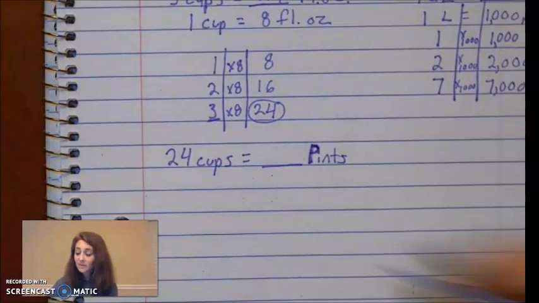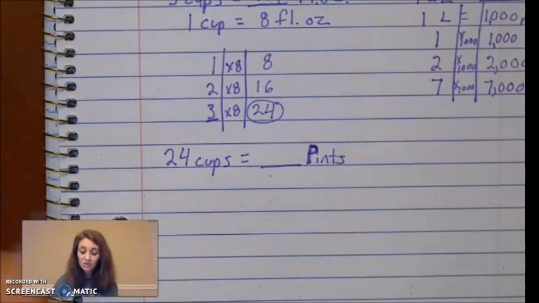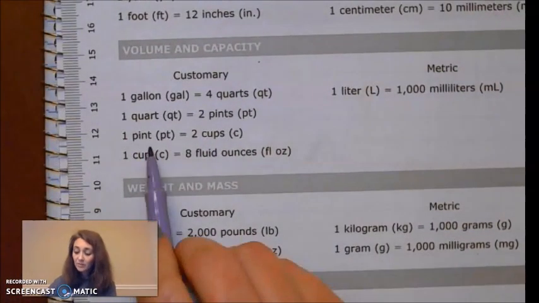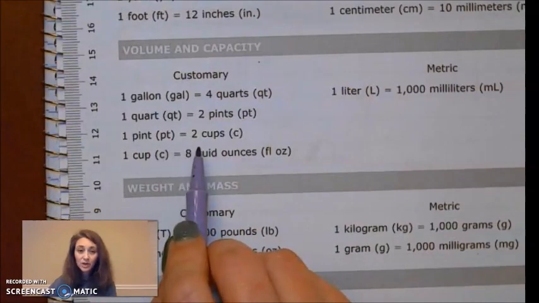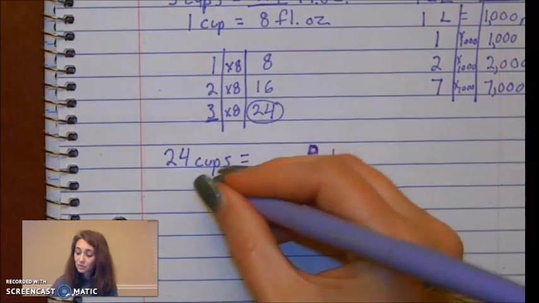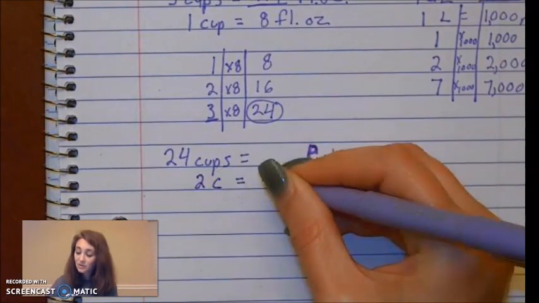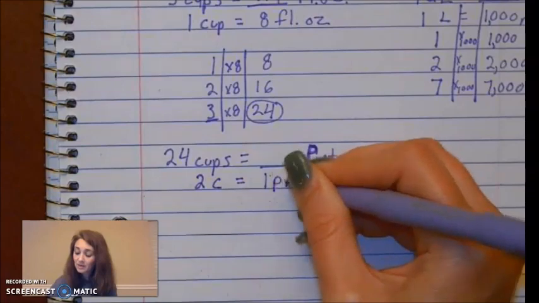All right. I know by looking at my chart that 1 pint equals 2 cups. So 2 cups equals 1 pint.